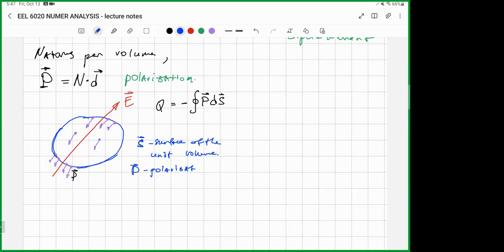Of course, there are charges on the opposite side that go in, and it's going to be exactly the same formula up to this sign. It will be plus before the integral.